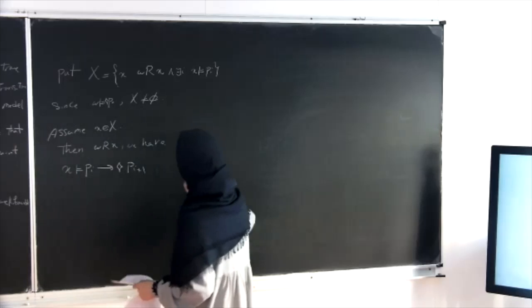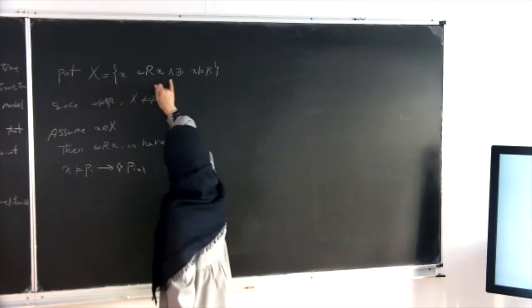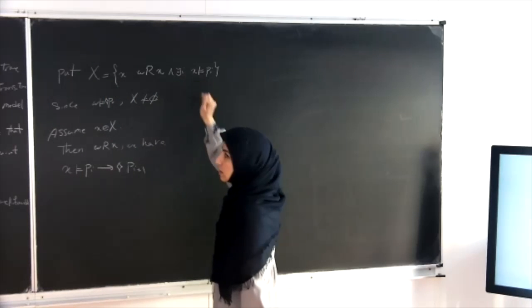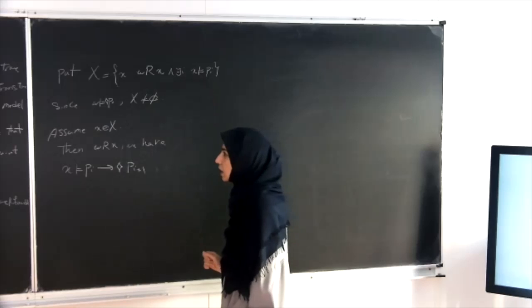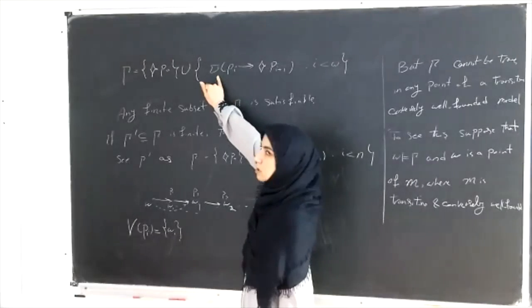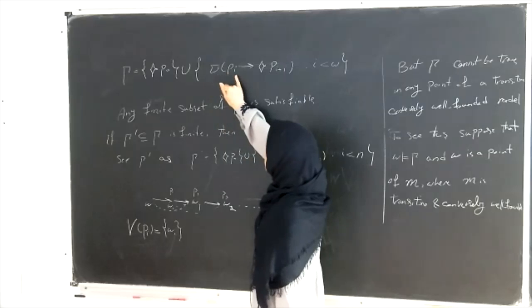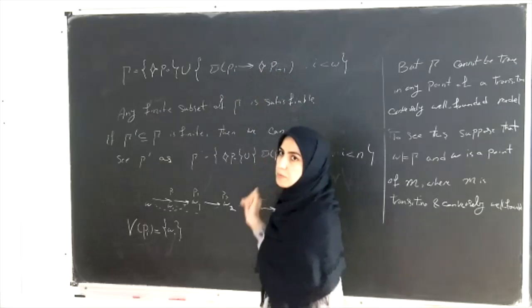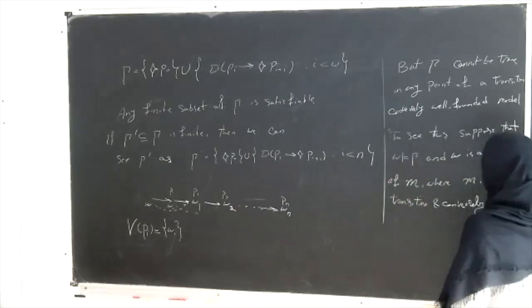Because if x is in X, there is some i where x satisfies Pi. And we know that for any successor of W, if Pi is true, then diamond of Pi plus 1 is true.